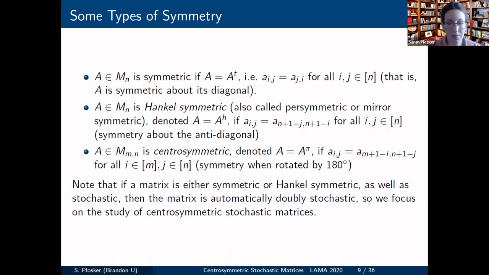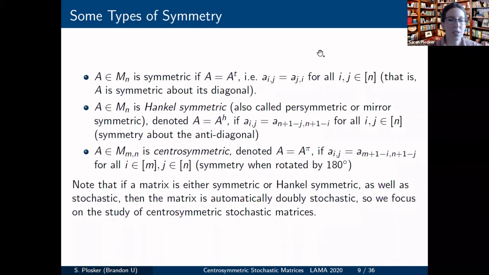The other part of my title involves this type of symmetry, so I wanted to talk about symmetry. An n by n matrix A is symmetric if it's equal to its transpose, so A_ij is equal to A_ji. It's symmetric about its diagonal.